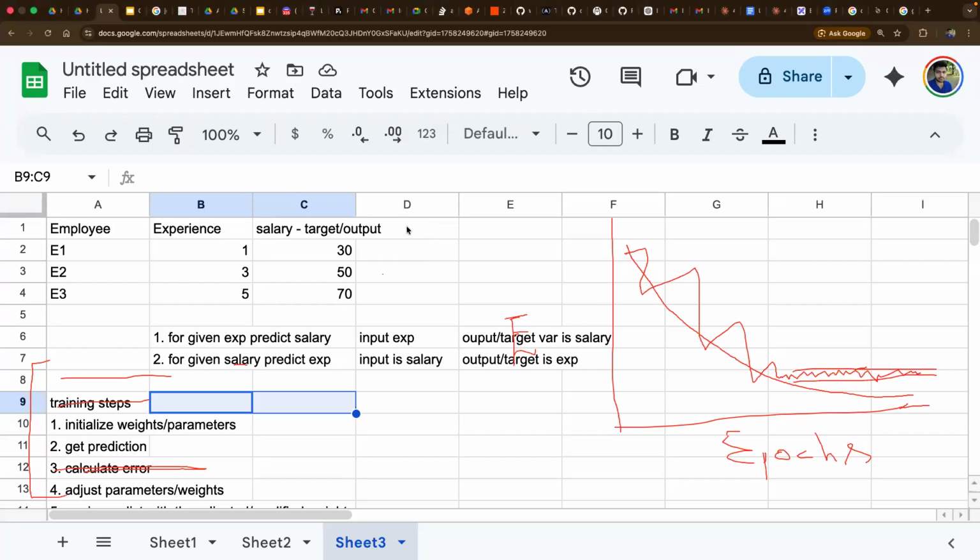So we had initialized the weights and then got the predictions. It is 20 and this is around 45 and this is around 60.